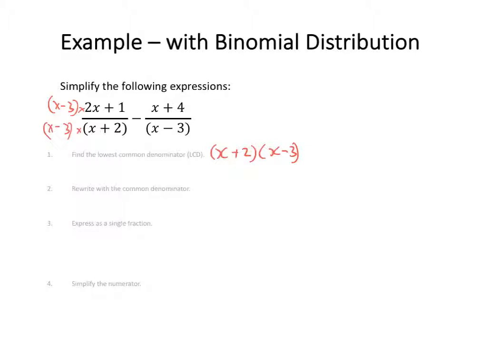For the second fraction, to get my common denominator, I need to multiply x minus 3 by x plus 2. And then I need to do the same for my numerator. So x plus 4 is going to be multiplied by x plus 2. To be able to go ahead and expand those numerators, I'm going to need to complete a binomial distribution for both fractions. So let's take a moment and have a look at how we're going to do that.